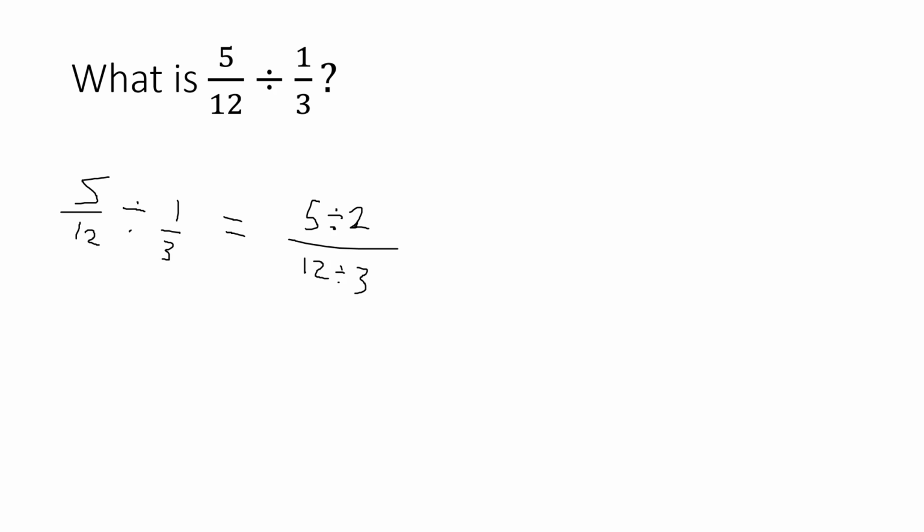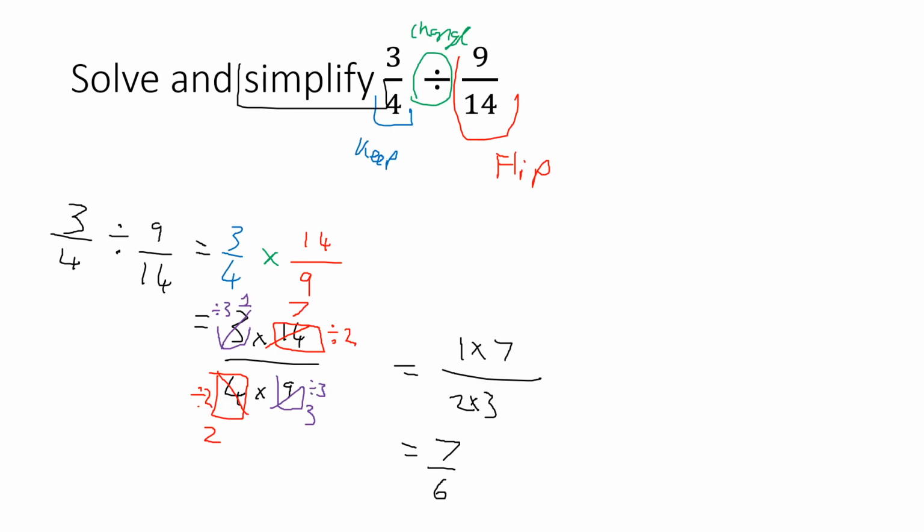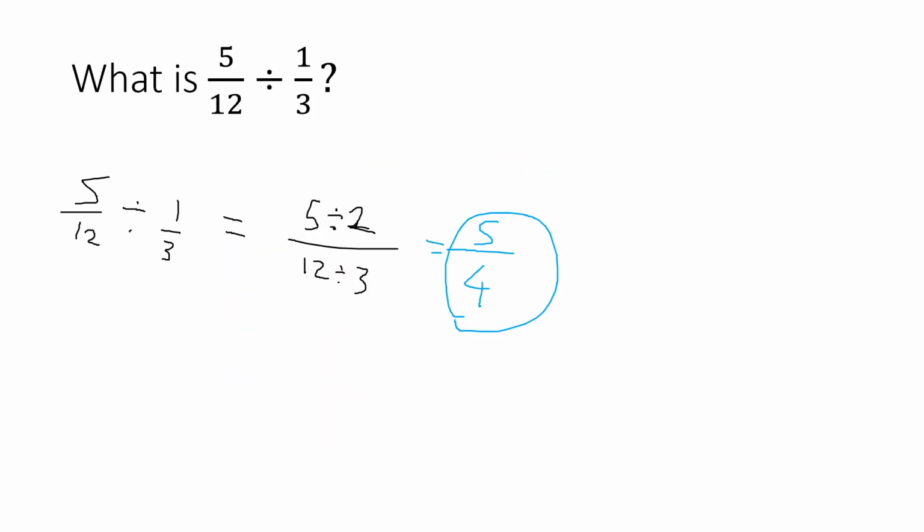So what's 5 divided by 1? 5 divided by 1 is simply going to be equal to 5. 12 divided by 3 is going to be equal to 4, so our final answer is 5 over 4. You can do it that way. I opt not to, because more often than not, you're not going to get a number that's divisible, and so you're back to square one in doing this again. But for these simpler ones where it's obvious that both top and bottom are divisible, go for it.